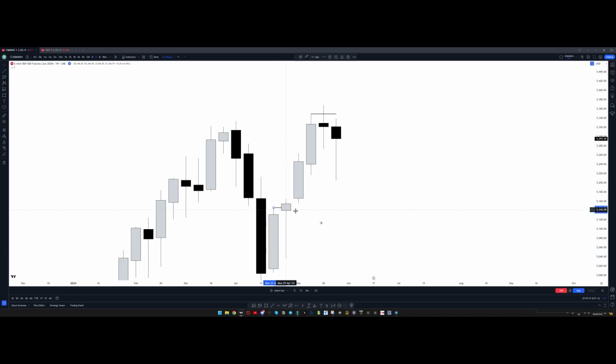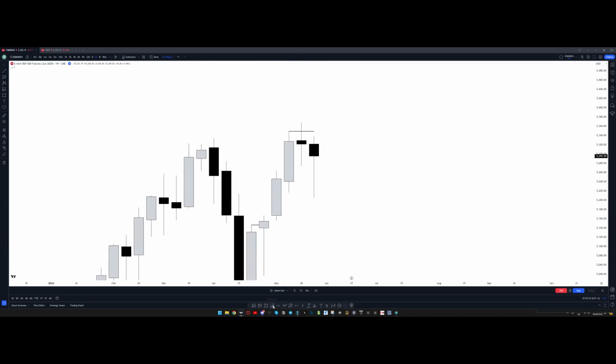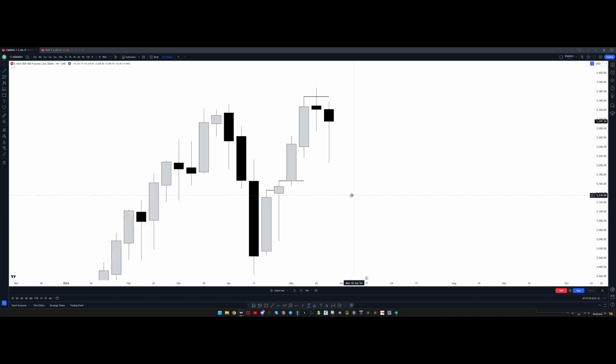This candle closes above this candle, so we expect higher prices. This candle closes above this candle, so we expect higher prices. It's that simple. If we fail to close above, we can anticipate some kind of pullback or reversal.